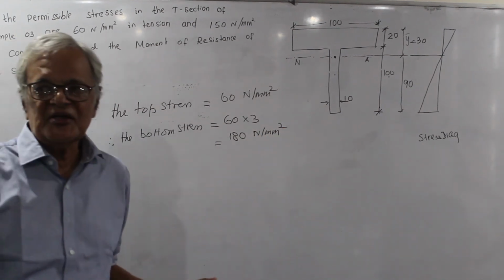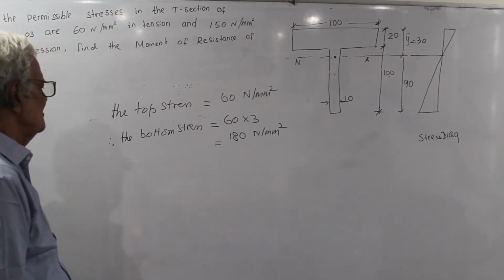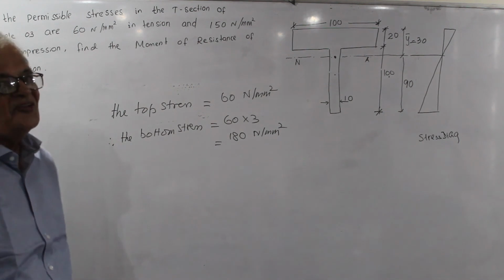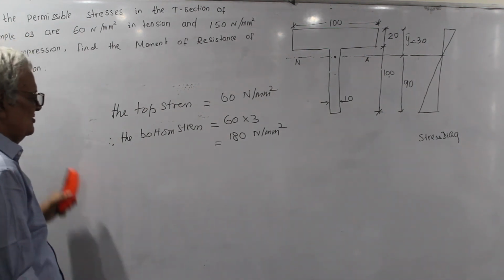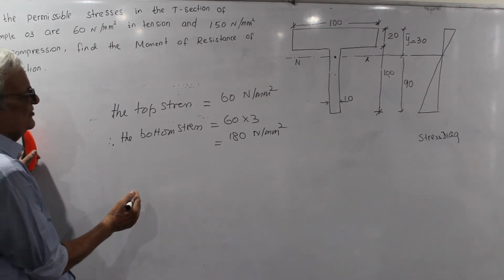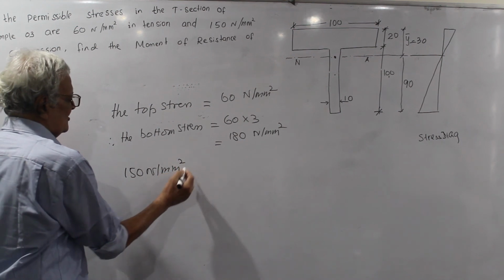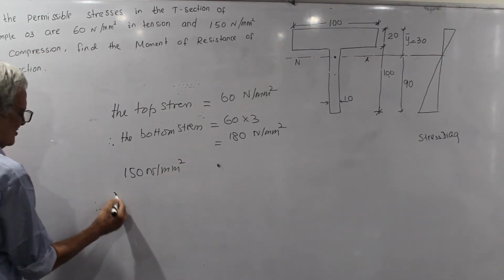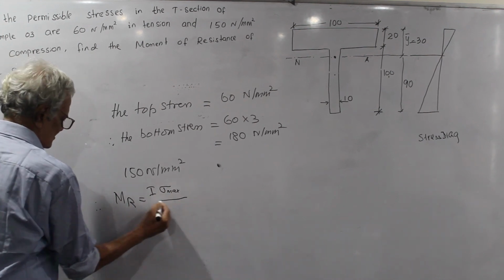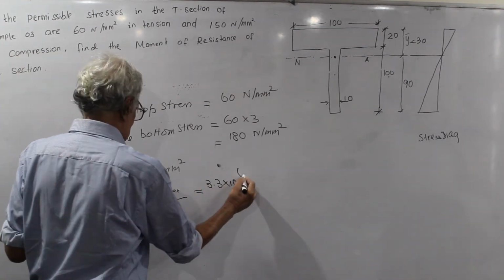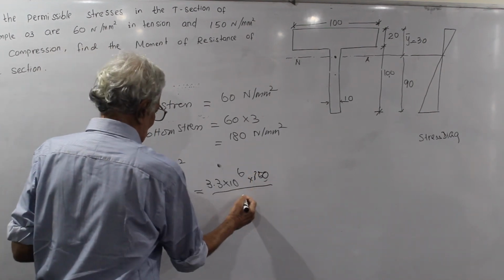But this cannot exceed 150 Newton per millimeter squared. So this assumption is wrong. The correct assumption is to assume that the bottom stress is 150 Newton per millimeter squared. Therefore, M over I equals sigma over y. Sigma maximum bottom is 90.